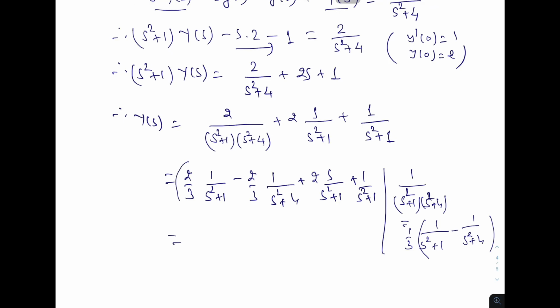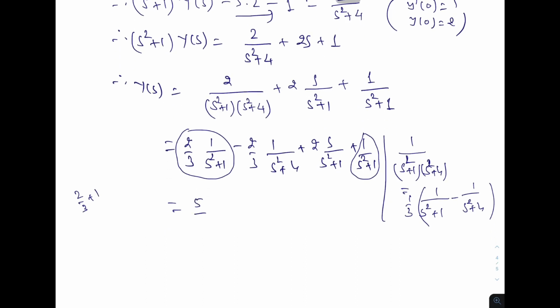Now you should put these together: 2 by 3 times 1 upon s square plus 1, plus 1 times 1 upon s square plus 1. So this is 2 by 3 plus 1, which is nothing but 5 by 3, times 1 over s square plus 1, minus 2 by 3 times 1 over s square plus 4, plus 2s over s square plus 1.